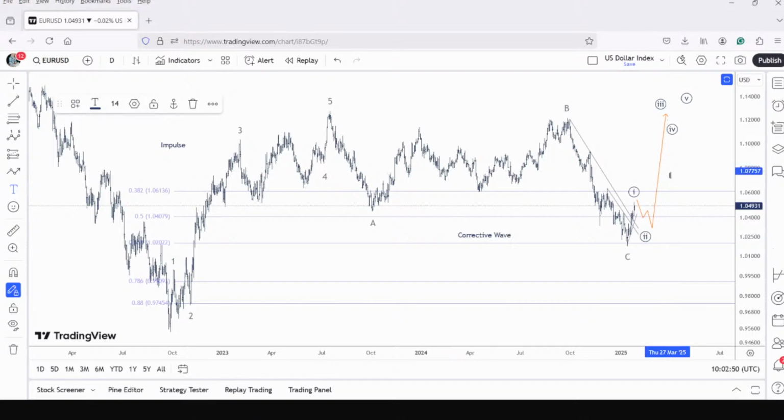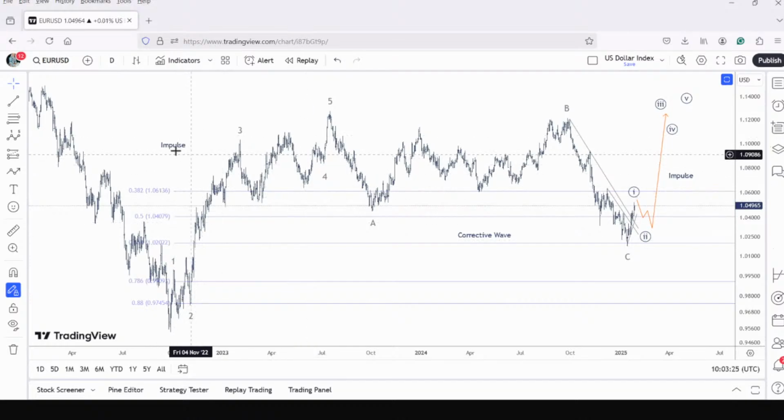Ideally, the next phase is also going to be an impulse, and it is going to be around the same. In terms of timeline, it's difficult to predict, but in terms of magnitude, if it is wave C, then it would be almost equal in magnitude to wave A.